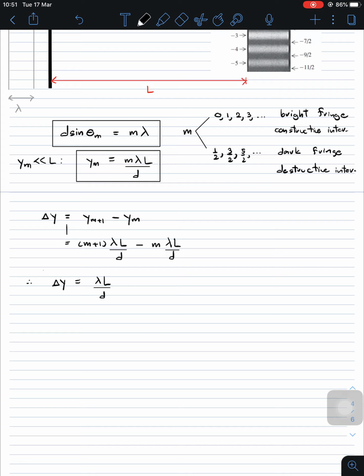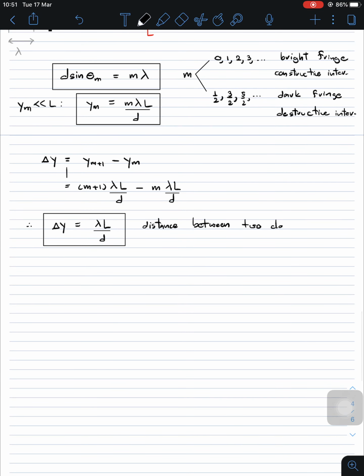So this is going to be the distance between the two closest fringes.